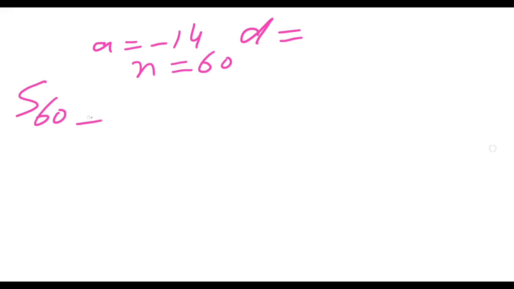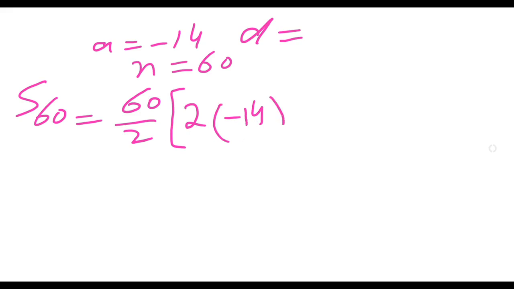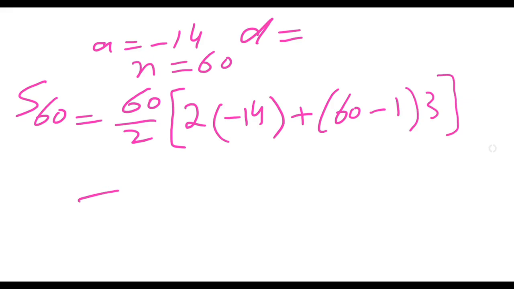Now we're going to substitute into the sum formula. 60 over 2 big bracket 2 multiply negative 14 first term plus n we got 60 now minus 1 and the d we got 3 close bracket. I'm going to use my calculator one time. The answer will be 4470. Now I'm going to find the S30.